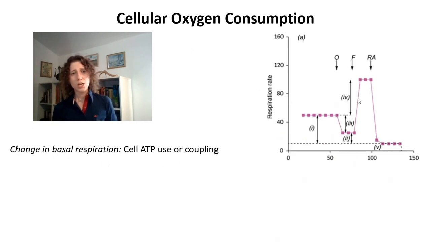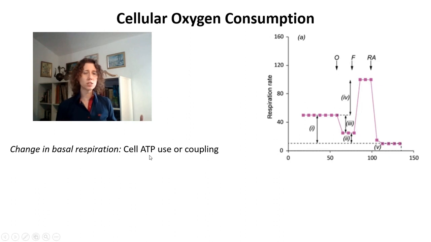from them. So let's talk a little bit about the kind of information you can get from changes in these different rates of oxygen consumption. So let's say you're measuring basal respiration in your cells and you see a change in basal respiratory rates. What does that mean? That can mean that your cell is using ATP at different rates.